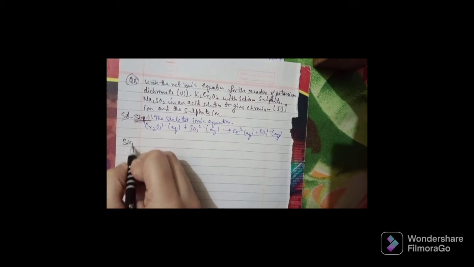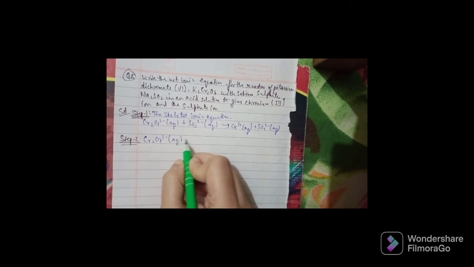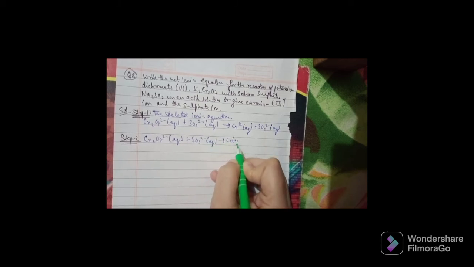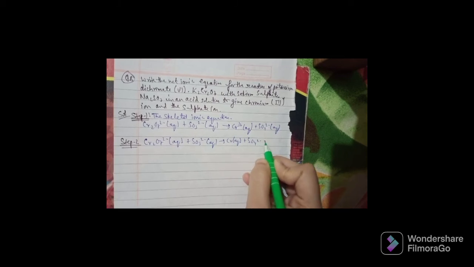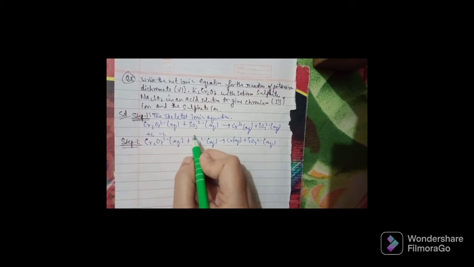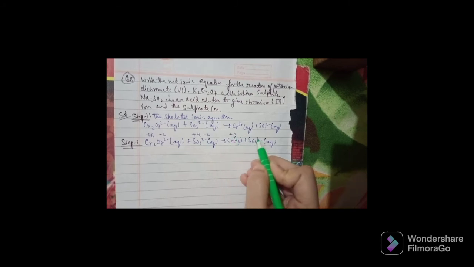Now we talk about step 2. You have to assign oxidation numbers for Cr and S. Cr2O7 2- (aq) plus SO3 2- (aq) gives Cr3+ (aq) plus SO4 2- (aq), with oxidation numbers plus 6, minus 2, plus 4, minus 2, plus 3, plus 6, minus 2.